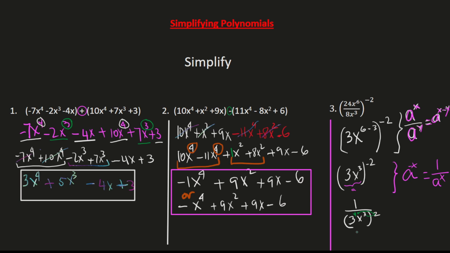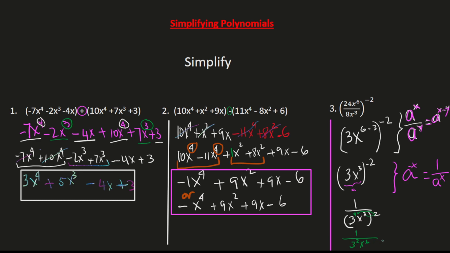So what we have is 1 over 3 squared and x, 2 times 3 is 6, x to the 6. All right, 1 over 3 squared and x to the 6.